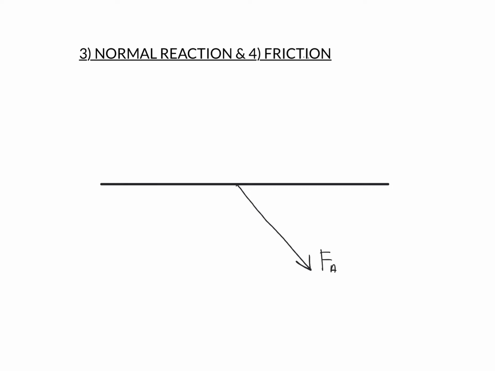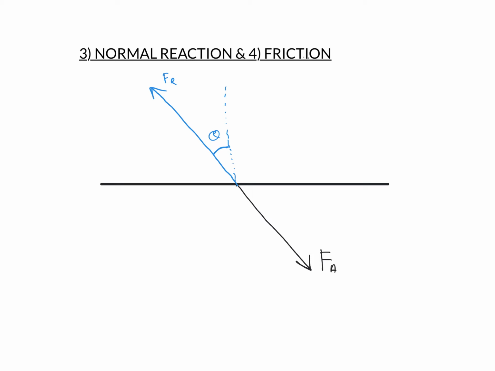We know that according to the third law, for every action there will be an equal and opposite reaction. So the reaction force exerted by the surface will be exactly opposite to this action force, and we can assume that this reaction force makes some angle with respect to the vertical, which we call the normal, or perpendicular to the surface. Let's say that angle is theta.